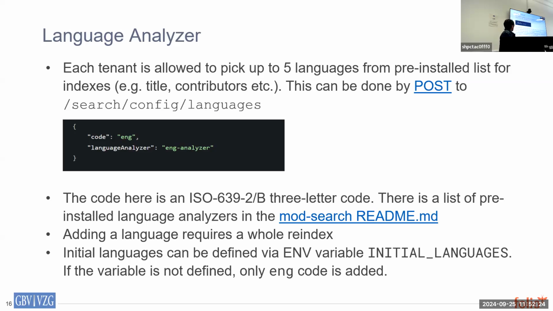And in Eureka Folio, initial languages can also be defined via environment variable, initial languages, and then a comma separated list of maximum 5 languages can follow. If the variable is not defined, nothing is posted, the English code is the default one.